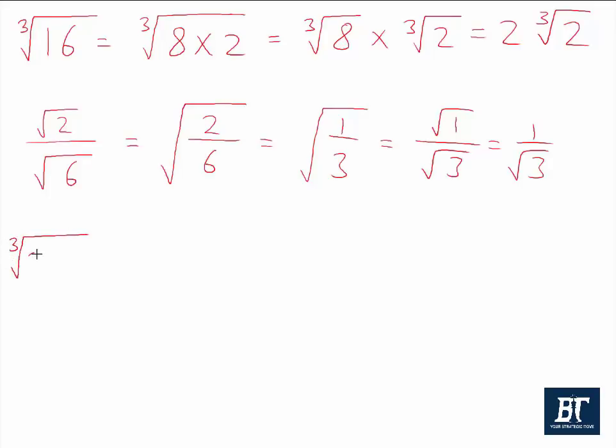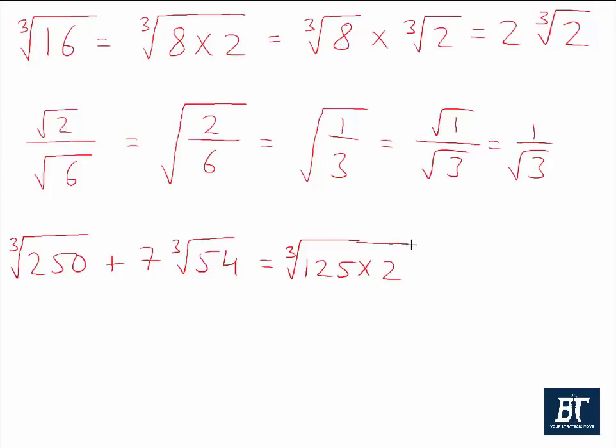Cube root of 250 plus 7 times cube root of 54. So we can write 250 as 125 multiplied by 2. This is because we know the cube root of 125. And then plus 7 cube root of, we can write this as 27 into 2.